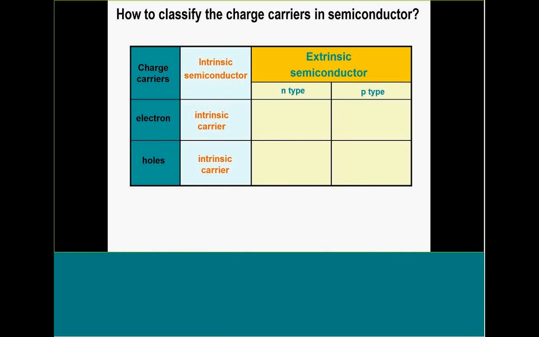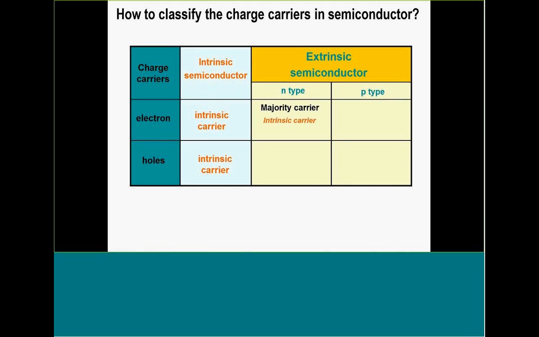So now let's say, electrons in an n-type semiconductor, where do they come from? Of course, we know that there are electrons that come from the host material of the semiconductor itself. So they must be the intrinsic carriers.